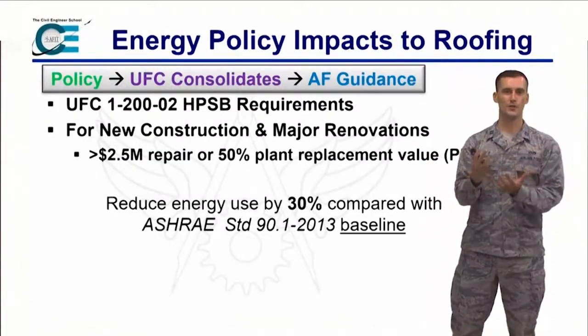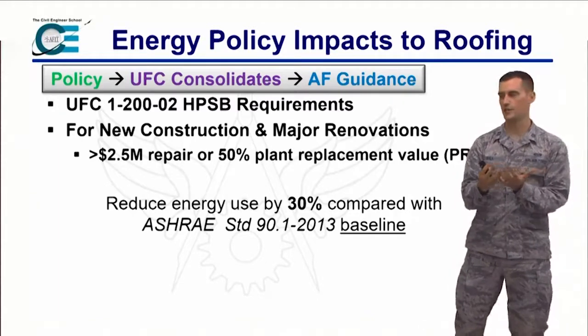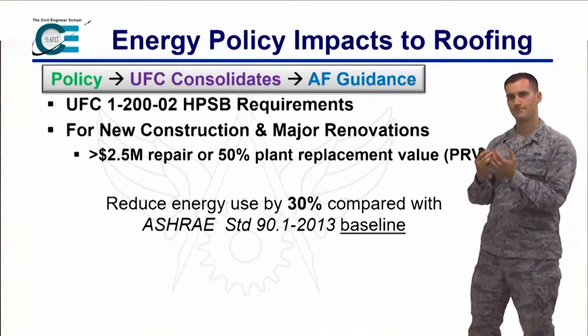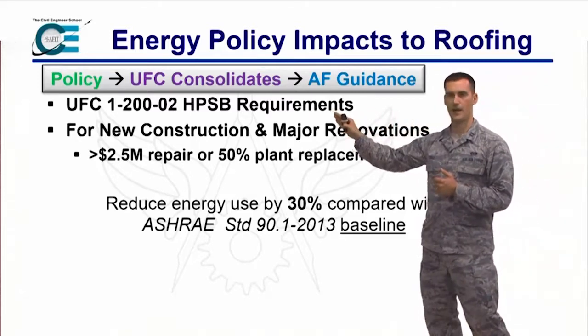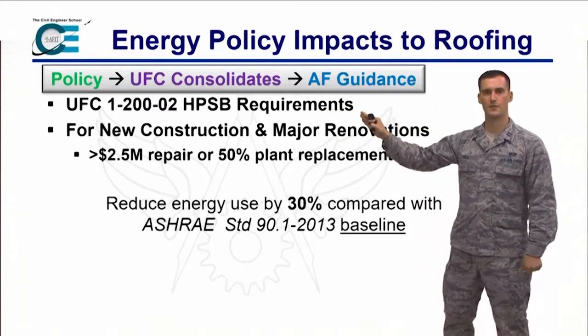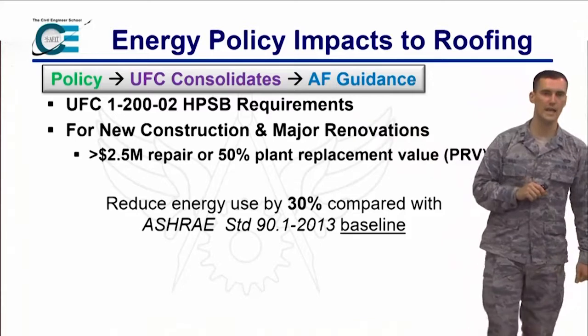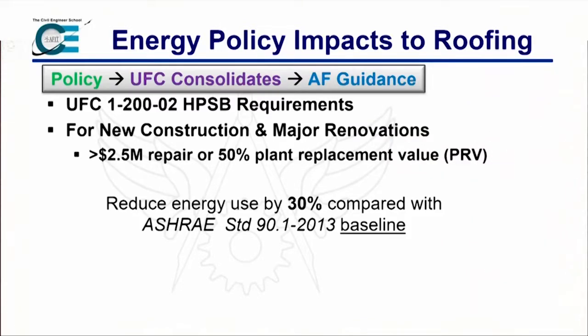So all of those laws and regulations were all kind of enforced on us, if you will, by this guy right here, the Unified Facility Criteria 1-200-02, which is the high performance and sustainable building requirements. This has recently changed, and we have a whole course dedicated to talking about what's in that UFC and what is required.